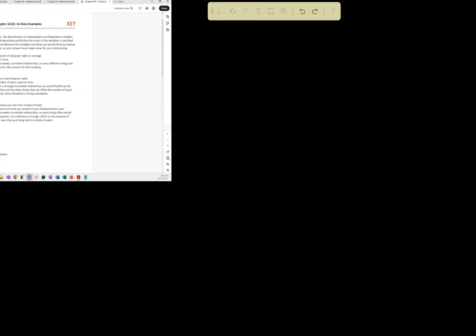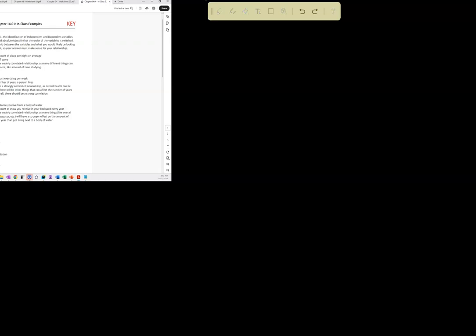All right. Next one. We're just going to give the direction, form, and strength for each of the following scatter plots. On A, direction, form, linear, I agree. Strength, yep, sounds good to me.